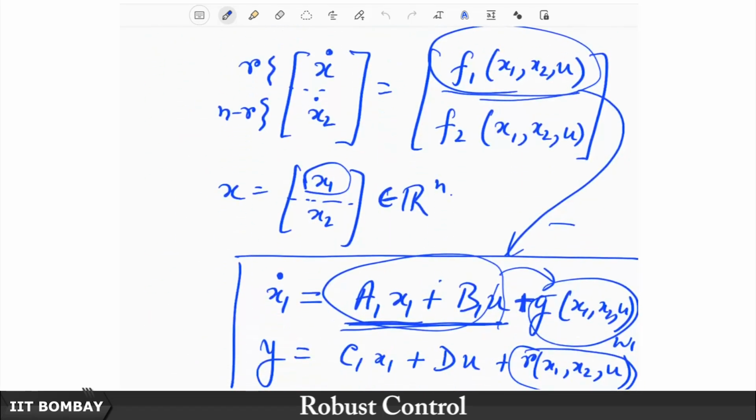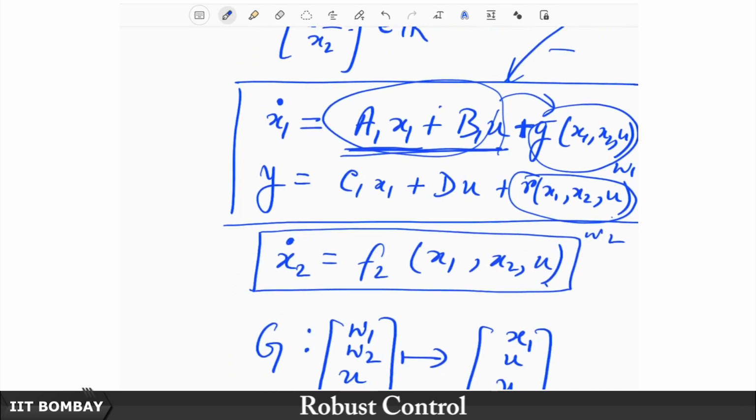So, we said that we choose to ignore this x2 because it is as if we are only concerned with those modes of the system which are probably the dominant modes, as you might have heard in a conventional undergraduate course. The dominant modes means the slower modes, the ones corresponding to which the poles or the eigenvalues have smaller real parts in the absolute sense, closer to the imaginary axis.